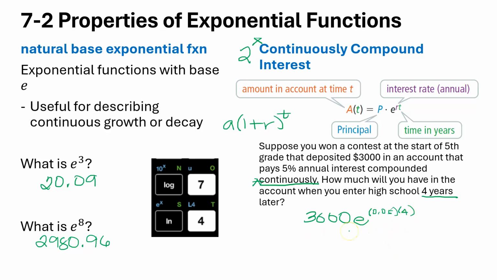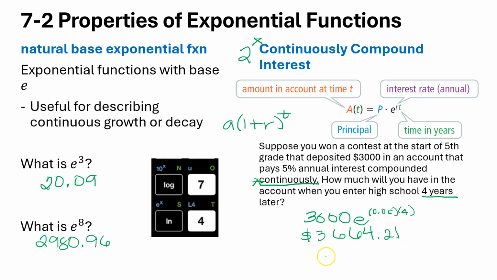Okay? And if you do your calculations, you will get that the amount of money in the account will then become 3,664 and 21 cents. Okay, so this is because it is a continuous growth of the money.